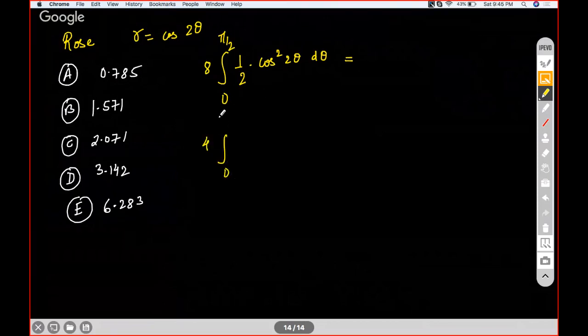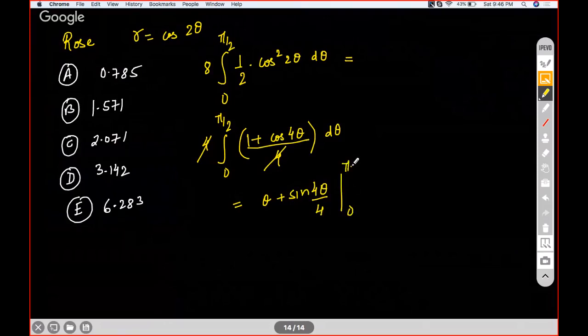So 4 times the integral from 0 to pi by 2 of cos square 2 theta, which I can write as 1 plus cos 4 theta over 2. Is that fine? So this will be theta plus sin 4 theta by 4. So your answer will be pi by 2, so 1.571, if I'm not wrong. Pi by 2.